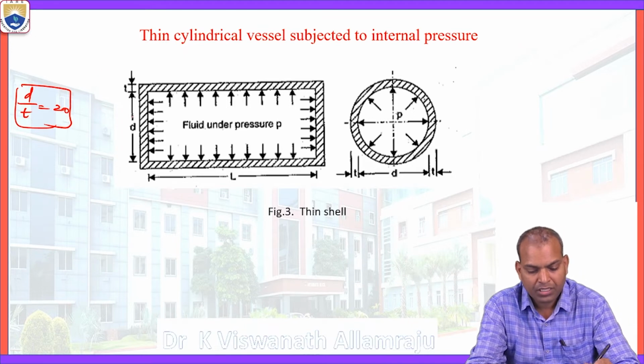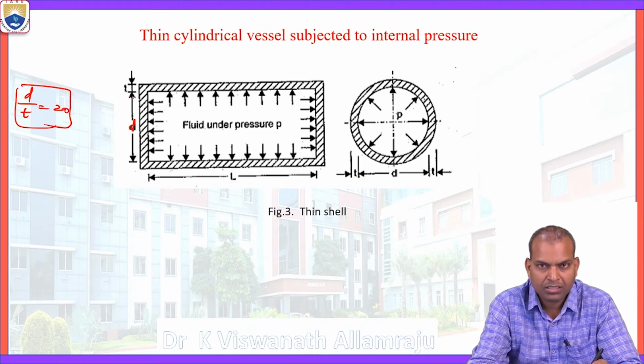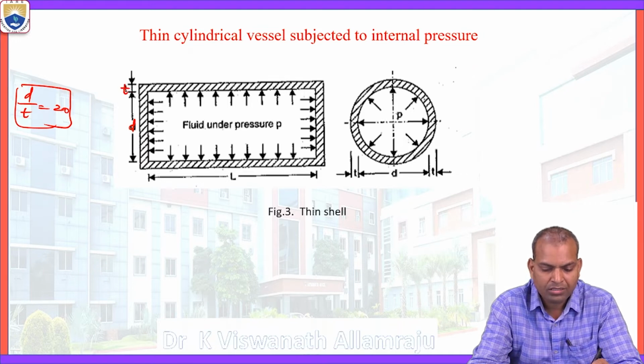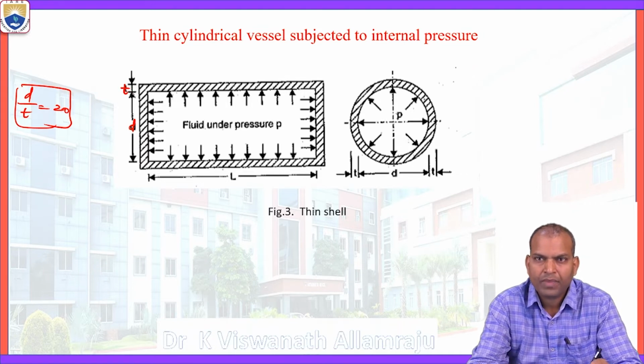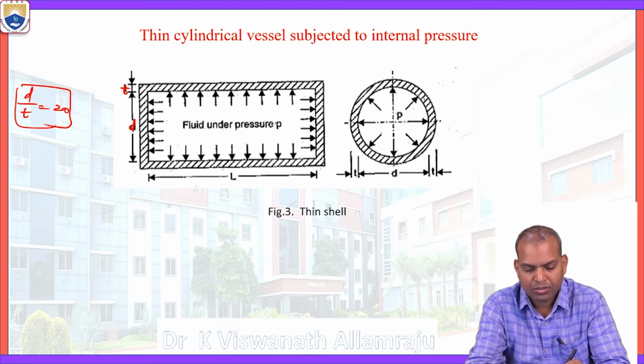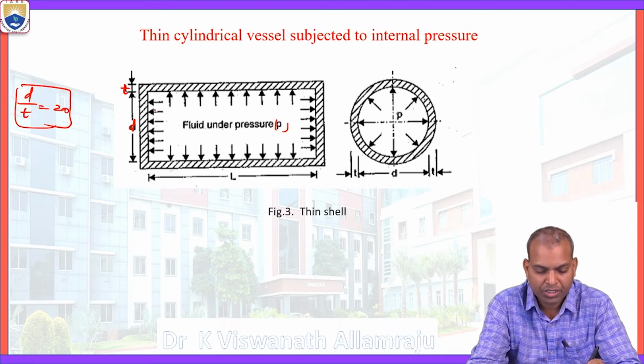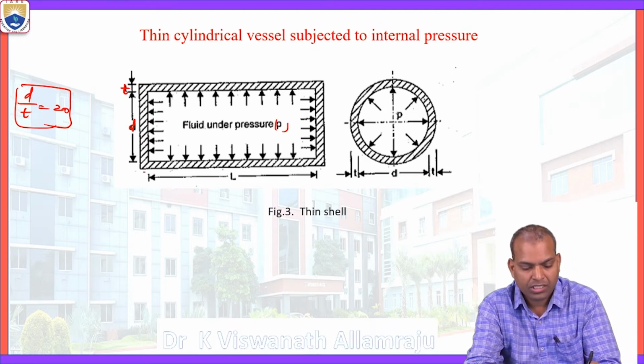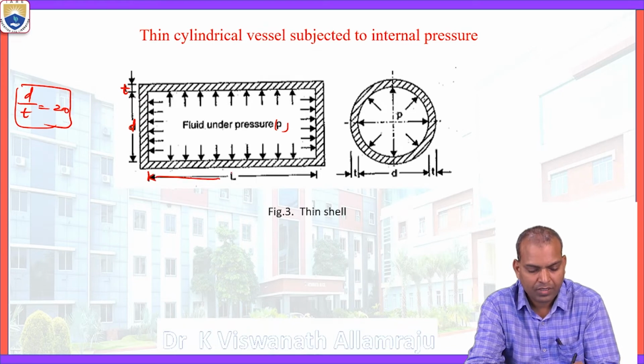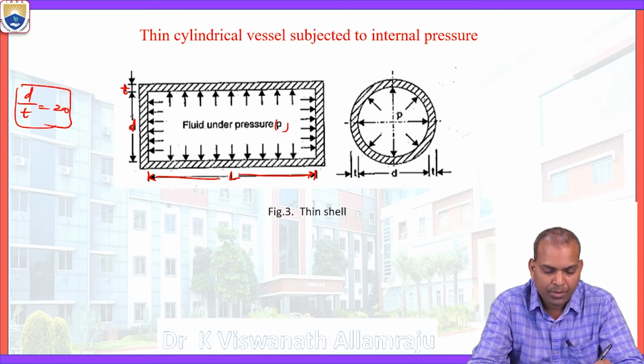Here d is the internal diameter, t is the thickness of the wall, and the fluid pressure is denoted by P. It is the internal fluid pressure, and the length of the cylinder is L. The total cylinder length is L plus 2t. Similarly, the total outer diameter of the cylinder is D plus 2t.